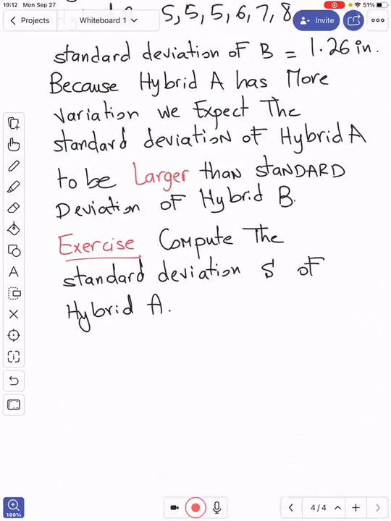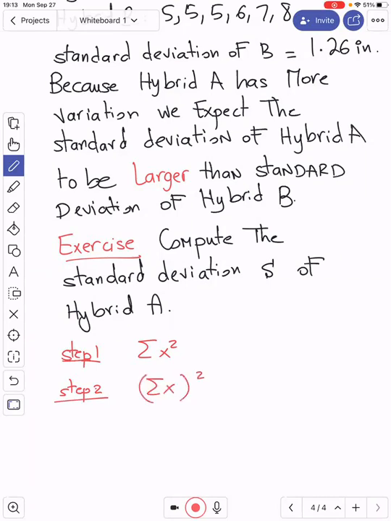First, step one would be to compute the sum of the squares of x. Step two would be to compute the sum of x, the data values, and then take the square of the whole sum.